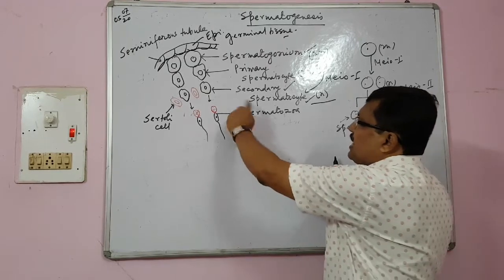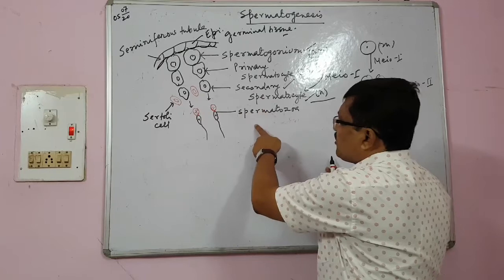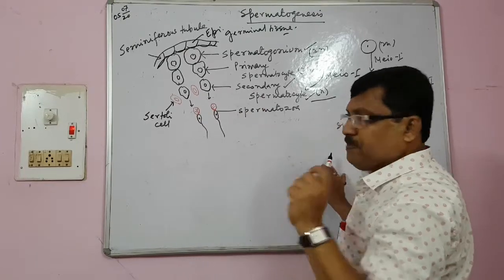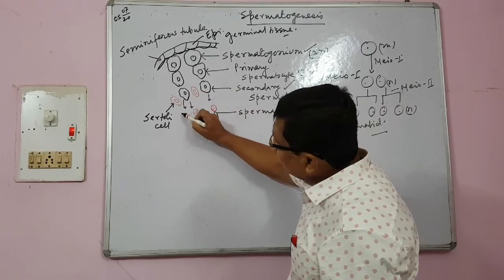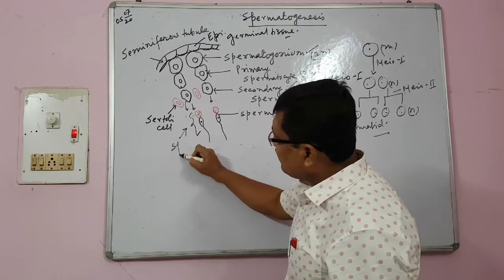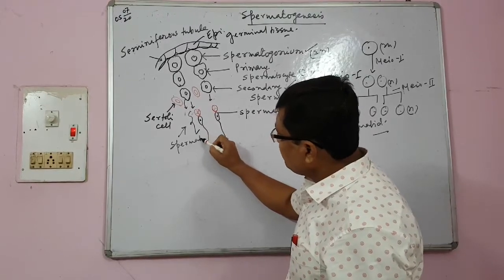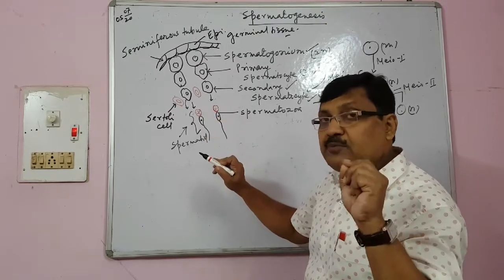Here I have given the picture that from secondary spermatocyte to spermatozoa, but this will be transformed as the spermatid. So this structure is actually the spermatid, because still the Sertoli cell is attached to the head of the sperm.